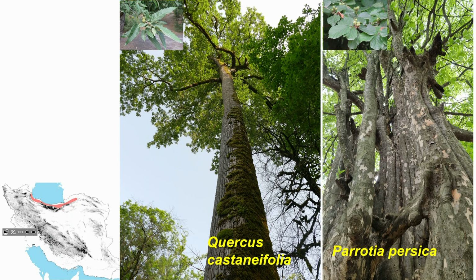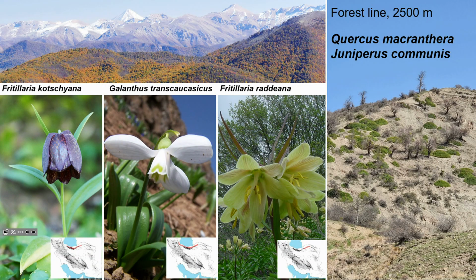You can see these trees, Parrotia persica, Quercus castaneifolia, distributed only in this region, and Quercus macranthera, which is a tree on the border of forest to grasslands, a forest line tree. I will talk about this a bit more.